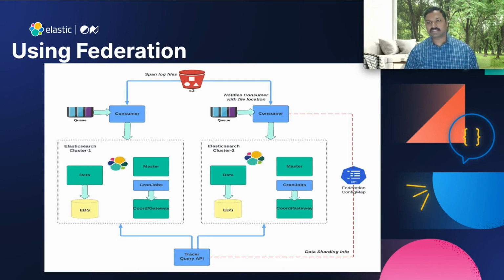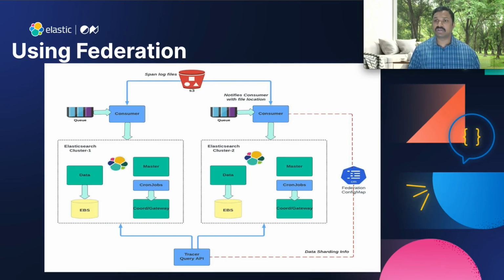So this is an important topic, and I need to provide a little bit of background here. When the platform was initially created, we did not really think about how we could create multiple Elasticsearch clusters. So we had this one giant monolithic Elasticsearch cluster to which we kept adding capacity as the traffic increased.